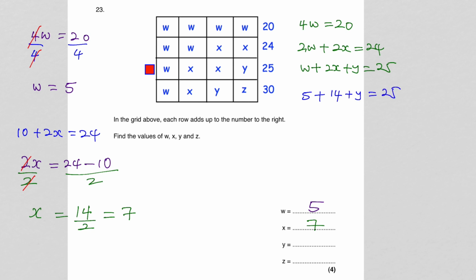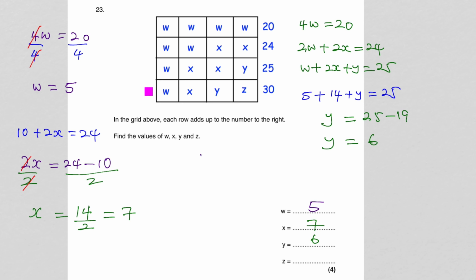Again, I need to collect like terms. y will be equal to 25 minus 19, because 14 plus 5 is 19. If I move it to the other side, it will be minus 19. And therefore, y will be 25 minus 19, 6. So y is 6.